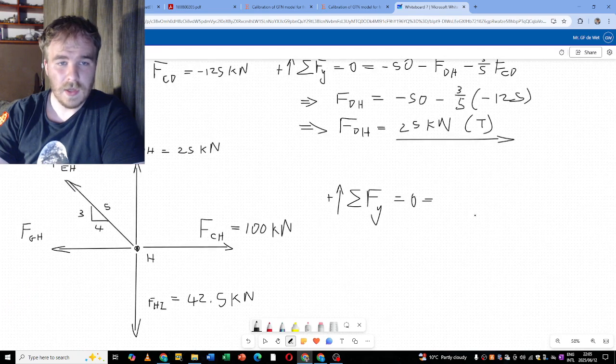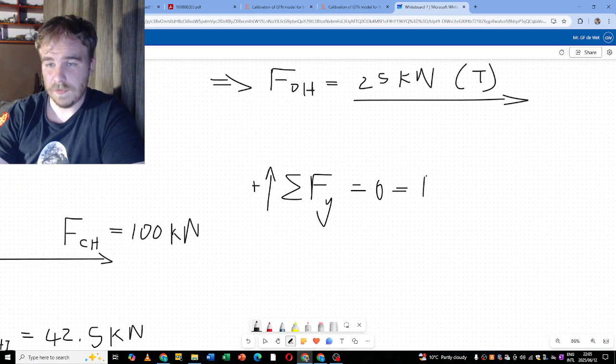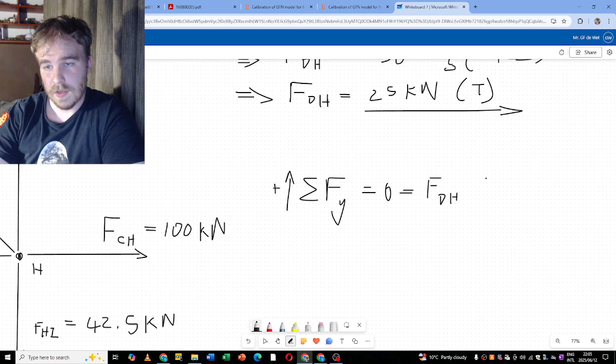Okay, let's start off with the y direction. Y direction has FDH plus 3 over 5, one of the forces that we're looking for, FGH. No, not GH, FEH. I'm going to check it now.